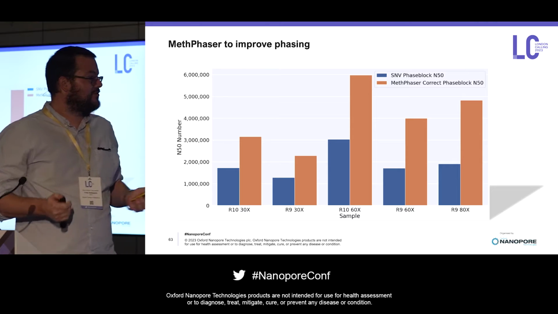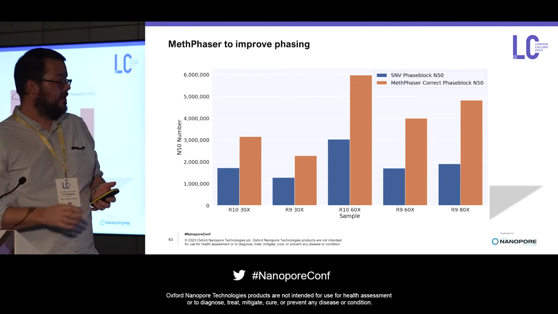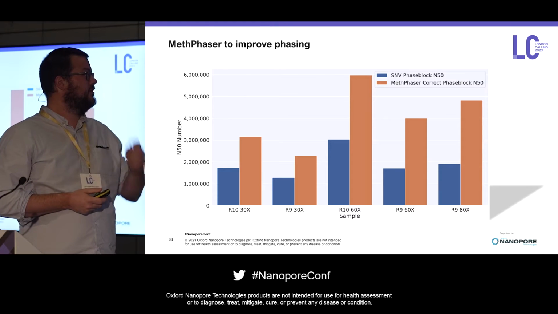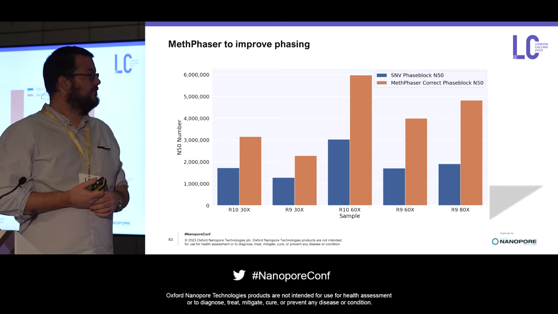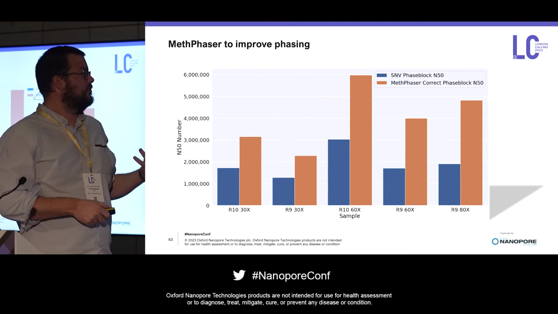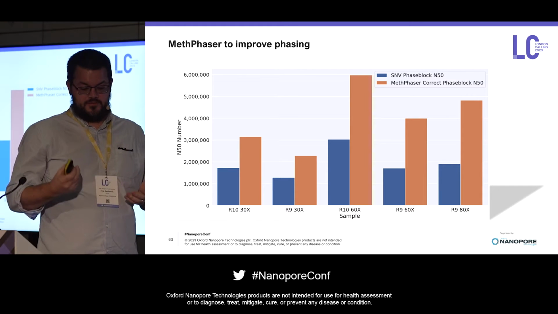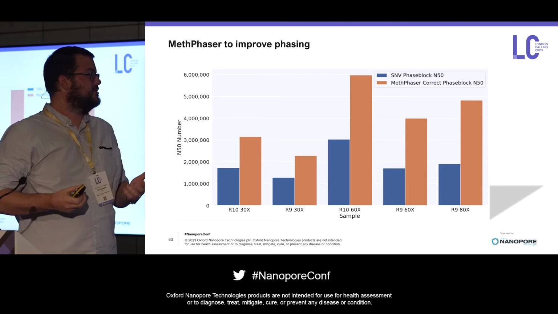So here you see already some results from our tool. You see in blue the SNP phase block N50 that we take as an input, for example, from WhatsHap or other phasing methods. And then in this orange color, you see our results. On the y-axis you see the N50, so length-based phasing results, right? On the x-axis, you see different samples.